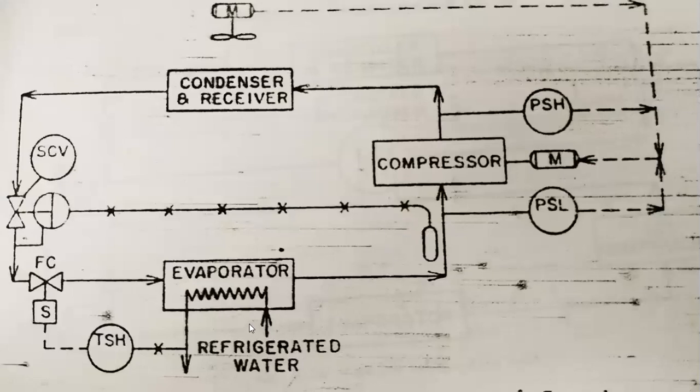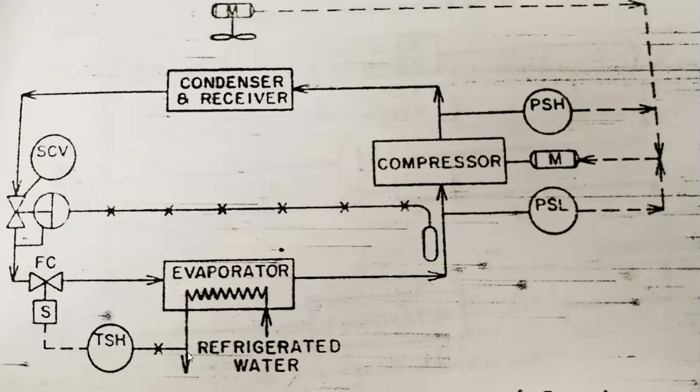And refrigerated water: if you are cooling the water using the evaporator, this is a typical control that is used. So you have an evaporator thermostat at the exit of the evaporator, which is controlling the suction control valve. Again, you have a flow control valve, with a symbol for a temperature switch for high or low.